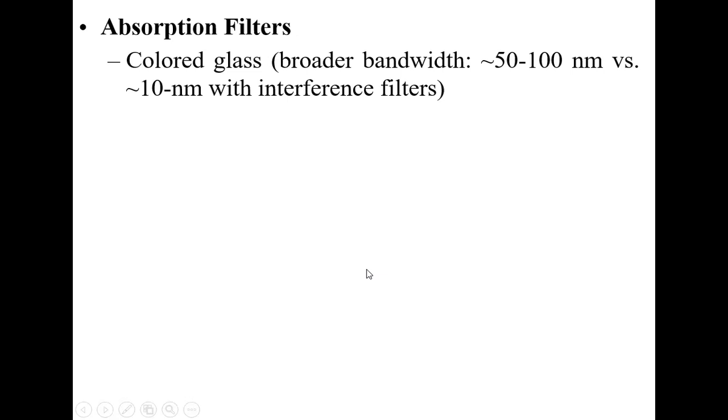Notice here, the absorption filters are colored, they are made from colored glass. The way they make them, you have materials that can make the glass colored, or a dye. And then usually they have a broader bandwidth of between 50 to 100 nanometers.